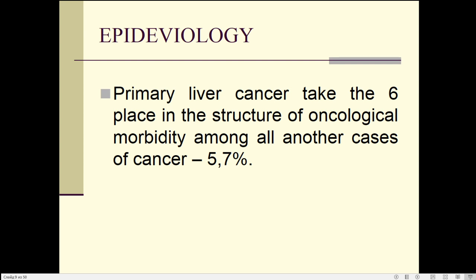Epidemiology. Primary liver cancer takes the sixth place in the structure of oncological morbidity among all other cases of cancer, 5 to 7% of all cancers.